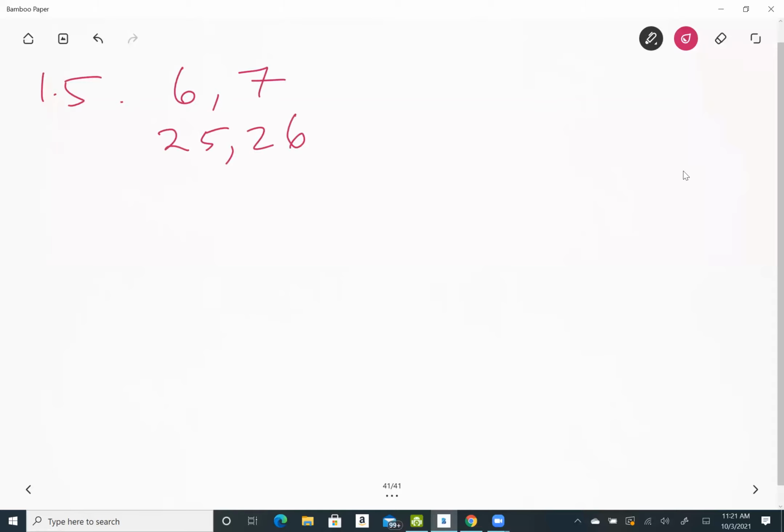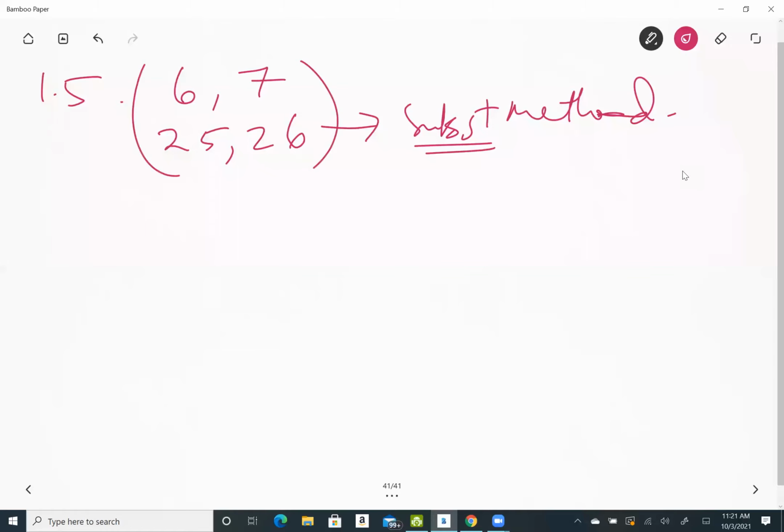Now, the question number 25, they ask you to use Excel or calculator. Okay, don't worry about that. 25 and 26, you just use the substitution method. Okay, just do that, because we just want to verify the method that we were doing. Okay, all right. So I think 4 questions. If you want to do more, you can do a few more.